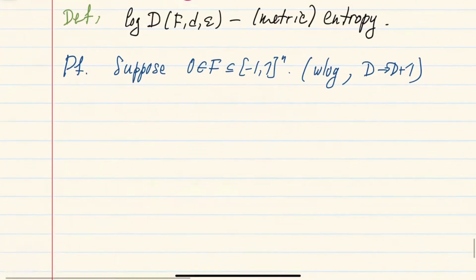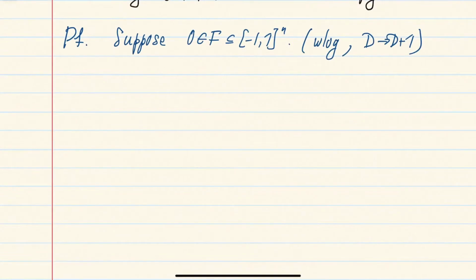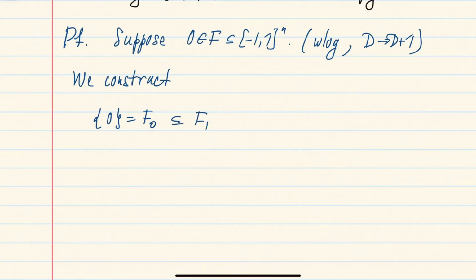Okay, then we are going to construct the following sequence of finite subsets of F. This sequence starts with the set, we'll call it F0, just consisting of the 0 vector. Okay, and then it will be an increasing sequence of subsets inside F, such that the following two conditions hold.